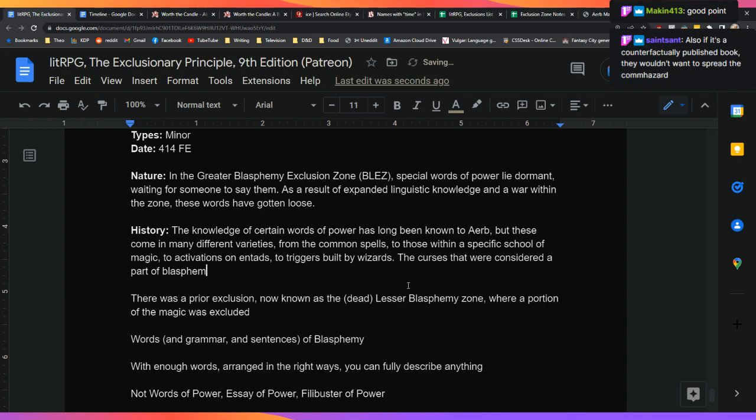So yes, there is a frame. I think I'm going with the frame that this is a book published by the Infinite Library, but I don't even know how much that's going to be put into the document itself. I think it can just exist as it is and not directly tell the reader its provenance. But obviously you'd know if you watch the stream or whatever.